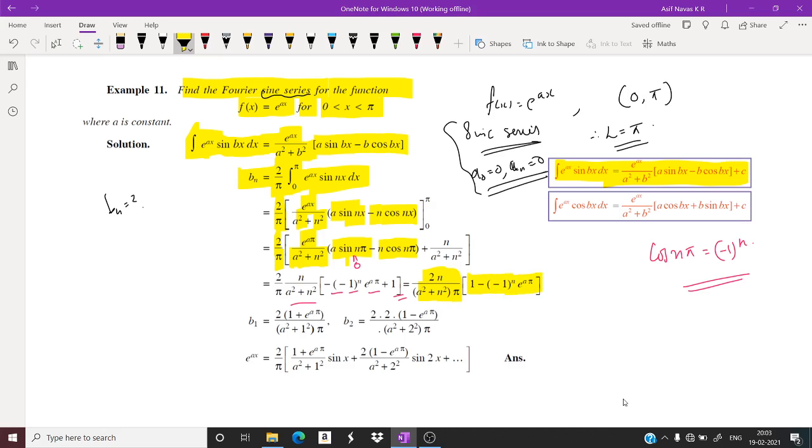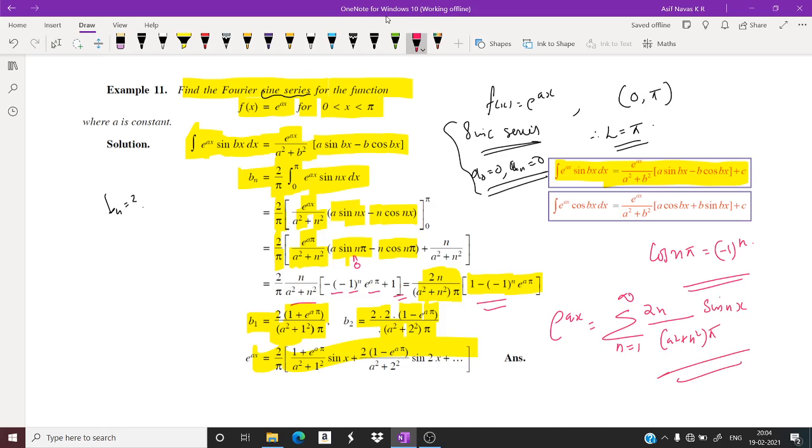Therefore we will get b1, if I put n equal to 1, 2 into 1 plus e raised to a pi by a square plus 1 square into pi. b2 is equal to 2 into 2 into 1 minus e raised to a pi divided by a square plus 2 square, etc. So we can write the sine series in sigma notation: e raised to ax is equal to sigma n equal to 1 to infinity of b_n sin nx, where b_n is 2n by a square plus n square into pi times 1 minus minus 1 power n e raised to a pi.